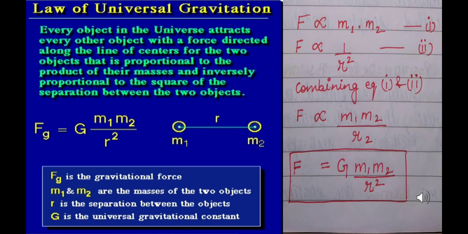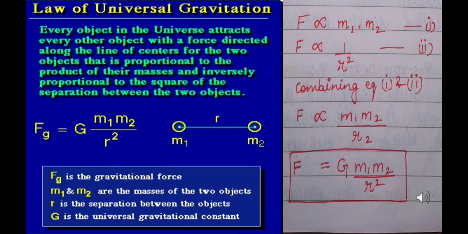Now if we combine both, F is directly proportional to m1 multiplied by m2 divided by r square. The proportionality sign has to be changed to an equal to sign, because at times we have to put it in an equation and find the value of F. So we need a proportionality constant to equate the equation, and hence F is equal to G m1 m2 by r square.